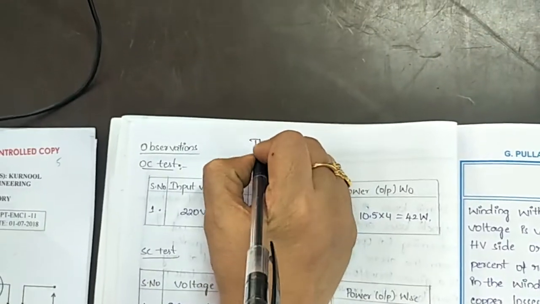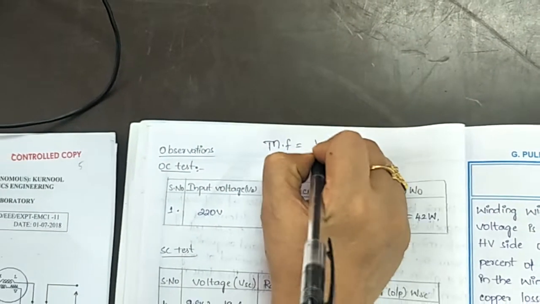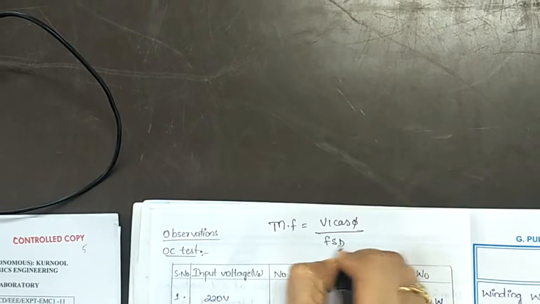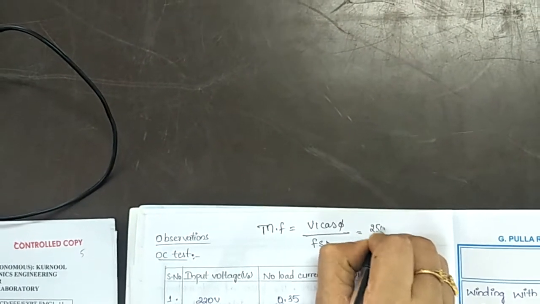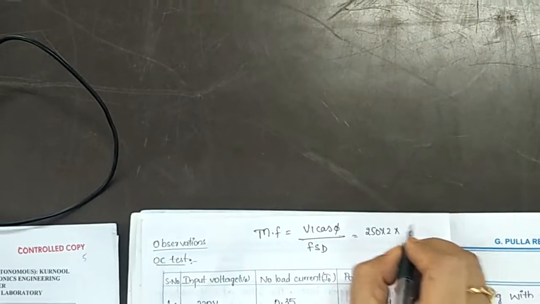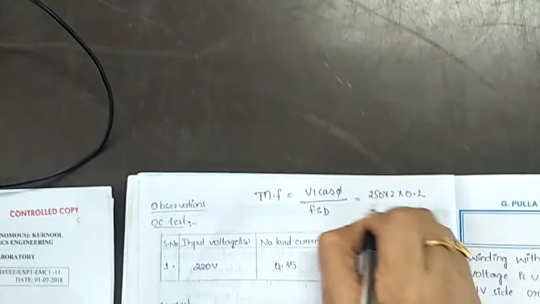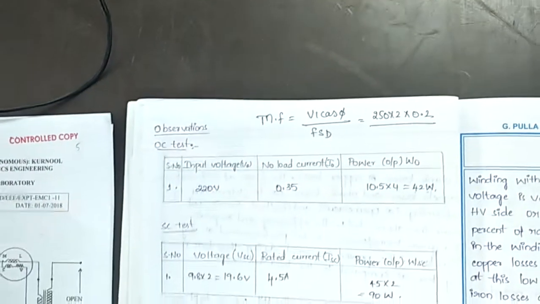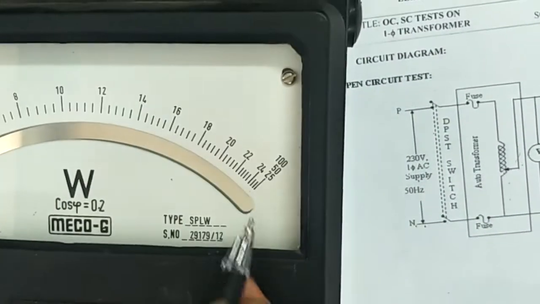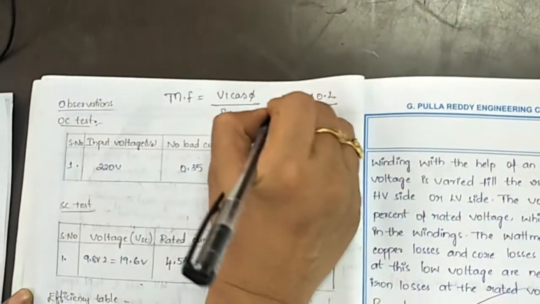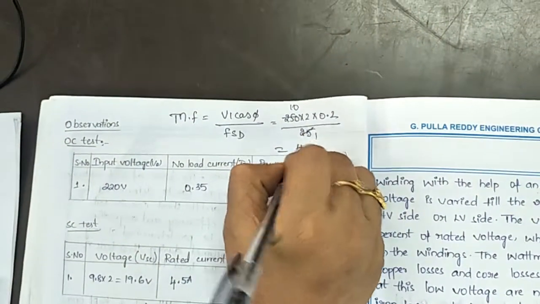We know that the multiplication factor is VI cos phi divided by full scale deflection. So voltage is 250, current is 2 amps, power factor is 0.2, divided by full scale deflection 25, which gives a multiplication factor of 4.